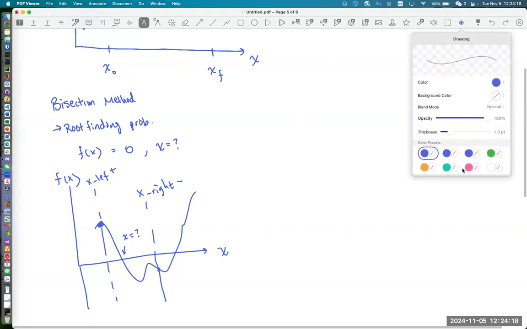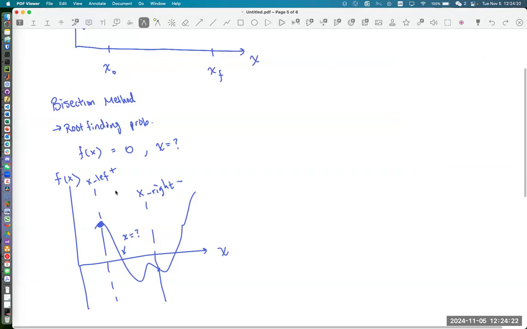And the bisection method says that what I can do is to find the middle point. So I make this x middle, and I evaluate this function and see if it's positive or negative. In this case, it's negative. So it must be in between a negative value and a positive value. So I'll move this bound here. So I assign x right to x middle, and then do this iteratively until I find the root.